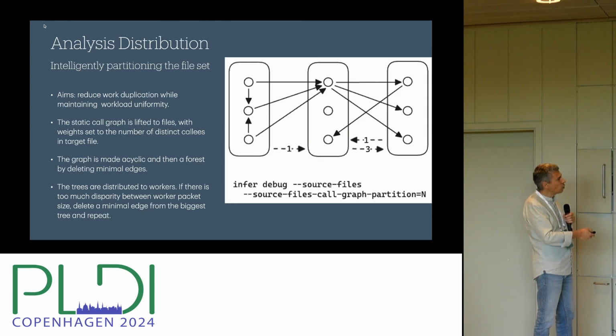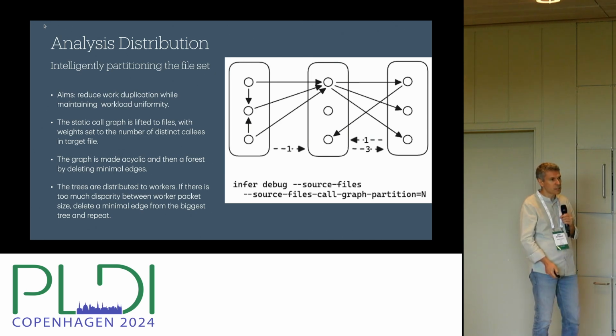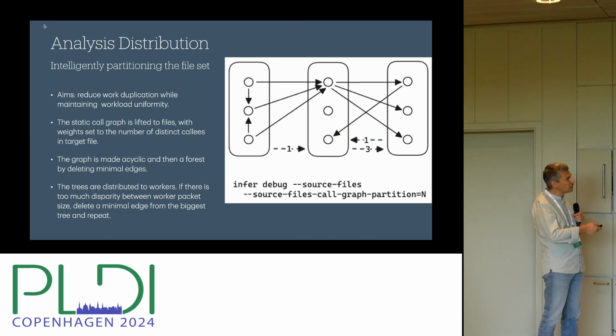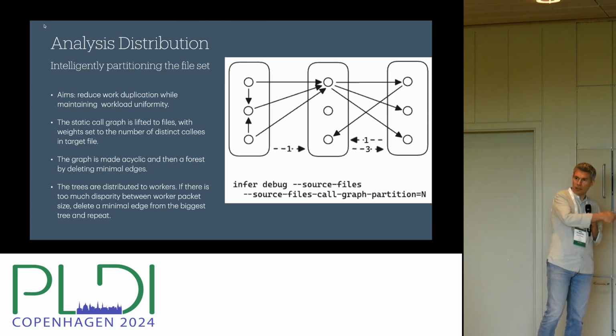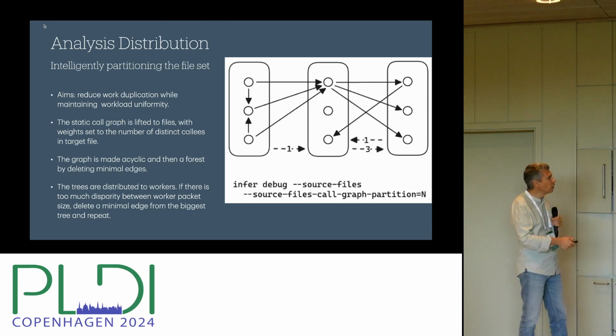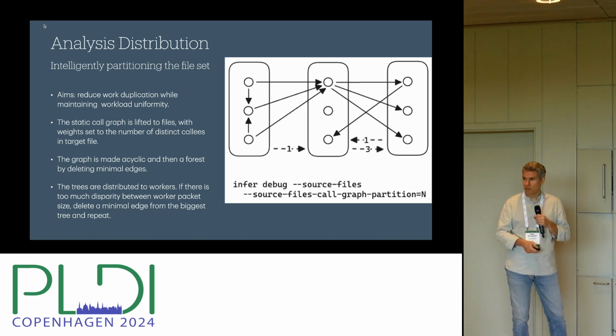blindly. So what we do instead is that we put weights, and the weights are the number of distinct callees in the target whose summary I need in the source. Okay, so here everyone is calling, in this file, everyone is calling the same procedure, so the weight is going to be 1.